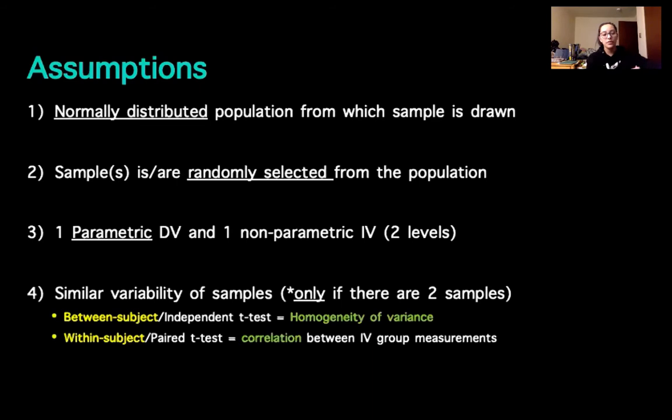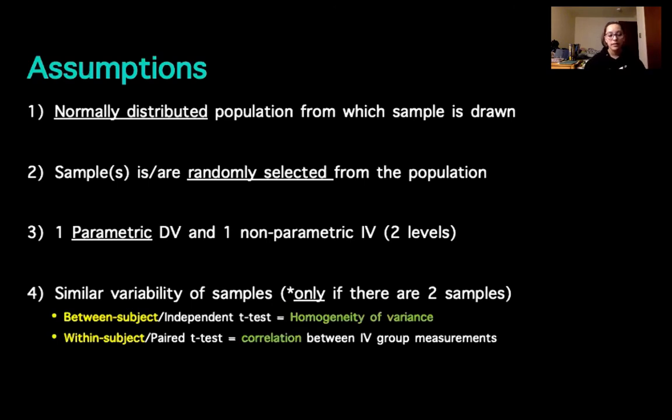And then usually we have a fourth assumption that has to be met based on the type of sample. So if there are two samples and you're not looking at a single sample t-test, if you have between subjects design, we add on the assumption of homogeneity of variance. And we'll explain what this is when we get to the independent t-test discussion.